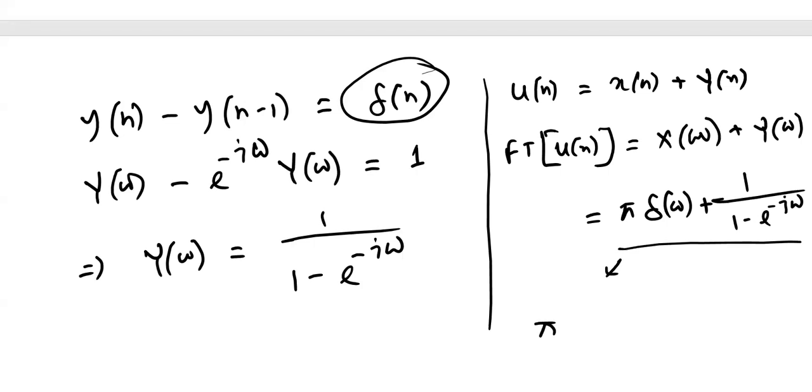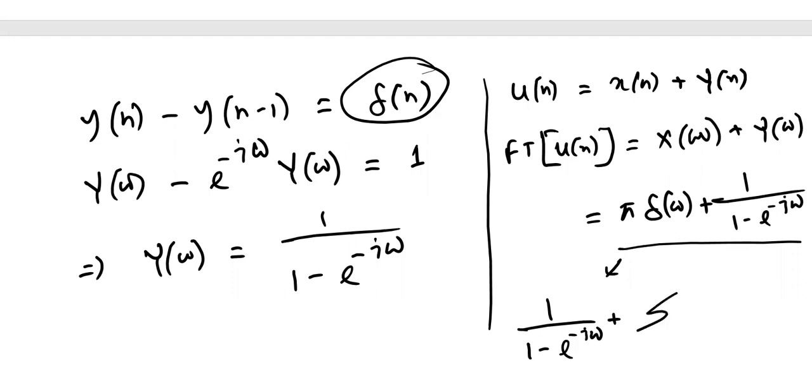Let's say the first term is pi. I can start with the latter term first: 1 divided by 1 minus e to the power minus j omega plus pi times delta(omega), and this will repeat. This value will repeat again after 2 pi k. The whole value will repeat after 2 pi k. So that's why it can be written in general format.